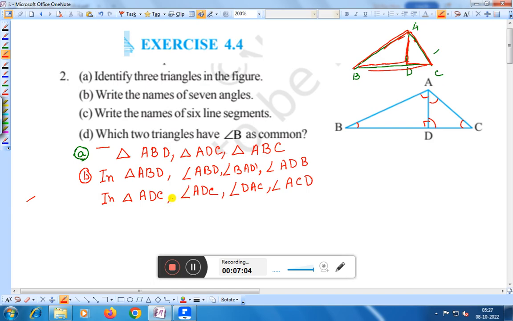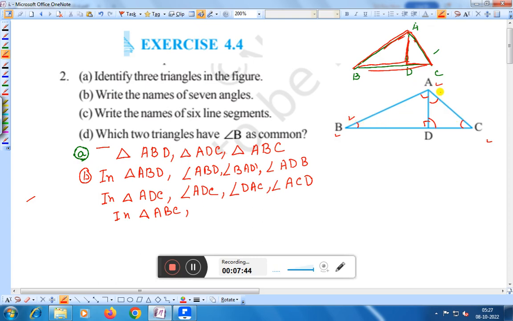And if we take the bigger one, that is triangle ABC, this one ABC, we have taken all the angles except this one. This angle is angle BAC. In triangle ABC, we have already got this angle. This is called ABC or ABD, the same angle.